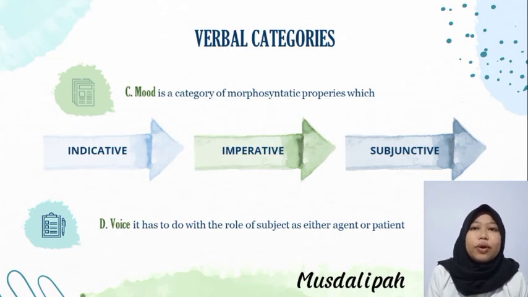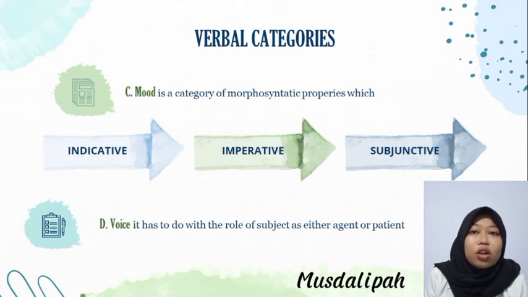C. Mood. Mood is a category of morphosyntactic properties which distinguish the ways in which a proposition may relate to actuality or to the speaker's mind. It reflects a speaker's commitment to a proposition.